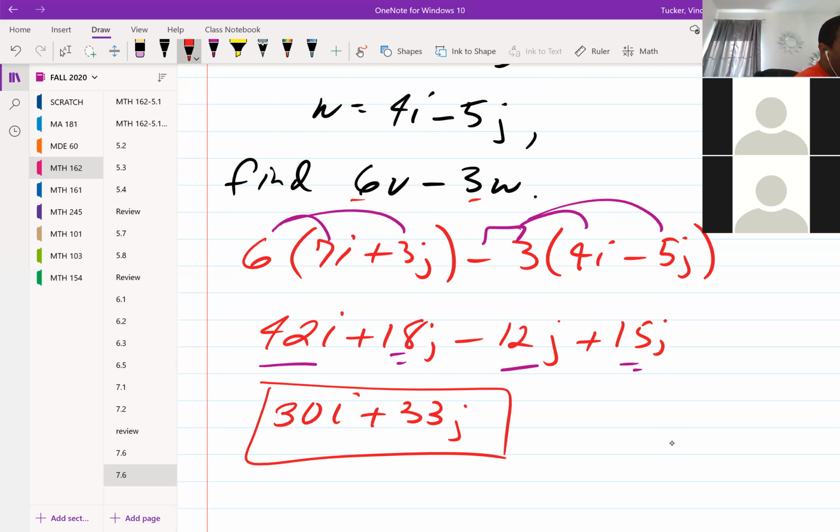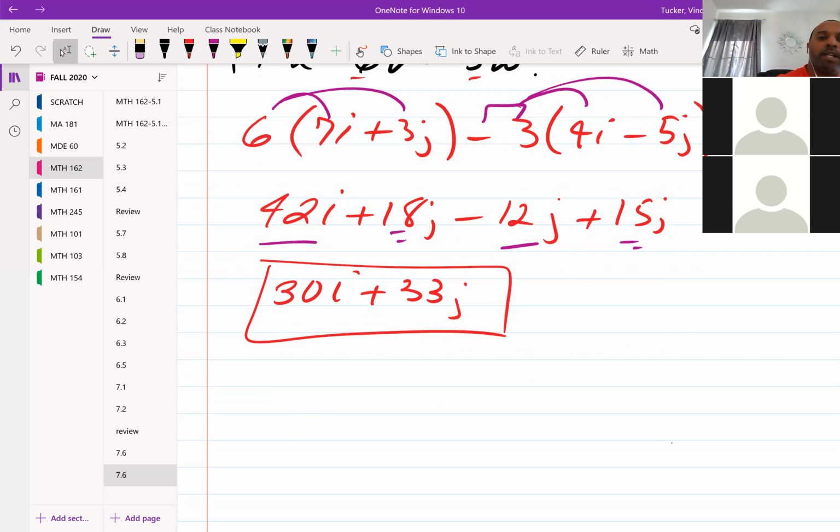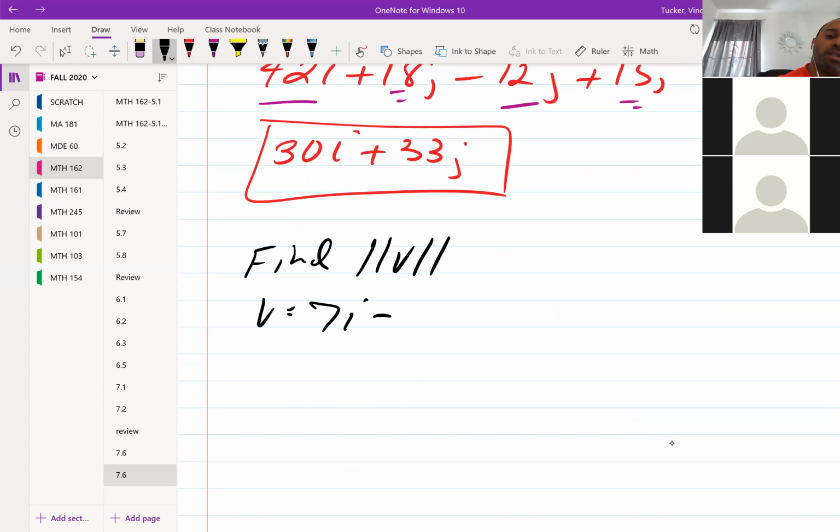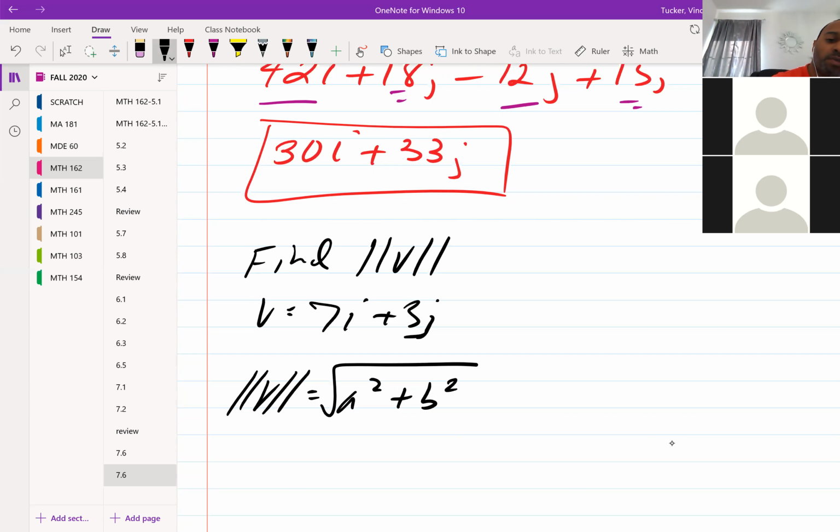Also, if it's in this form with the i and j components, and I wanted to find the magnitude of v using the same components, where v is equal to 7i plus 3j, and it's not set up as ordered pairs with an initial point and terminal point, then the magnitude is going to be the square root of a squared plus b squared.